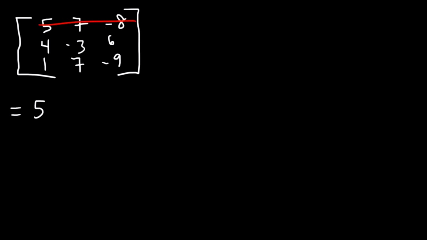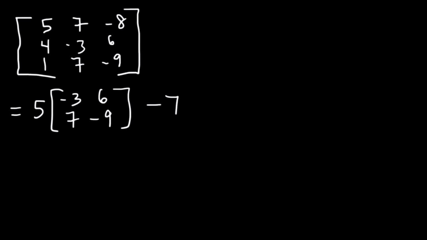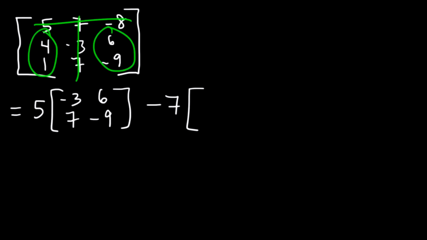If we get rid of the first row and the first column, we're going to get negative 3, 6, 7, negative 9. Next, we're going to use the 7. If we take away the first row and the second column, it's going to be 4, 1, and 6, negative 9.